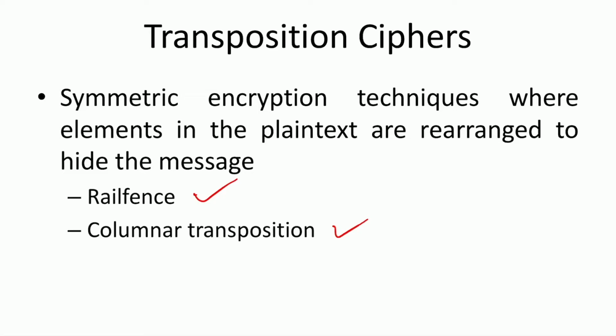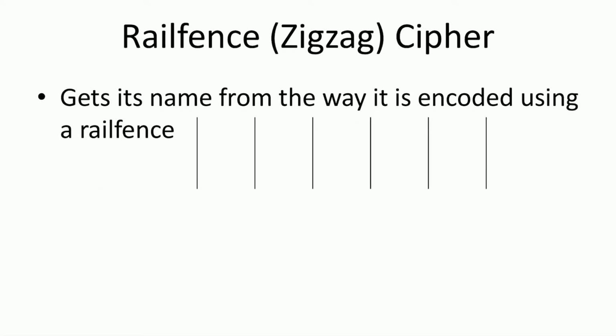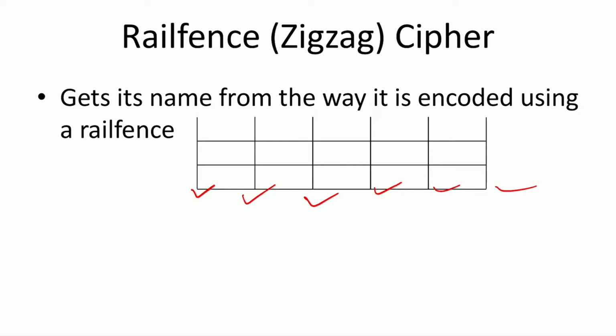Both of them were originally proposed to work with letters, but can be used for numbers and other characters as well. So Railfence cipher gets its name from the way it is encoded using a railfence. In a railfence, we have these vertical posts, as you can see here, and then we have horizontal rails to support them.